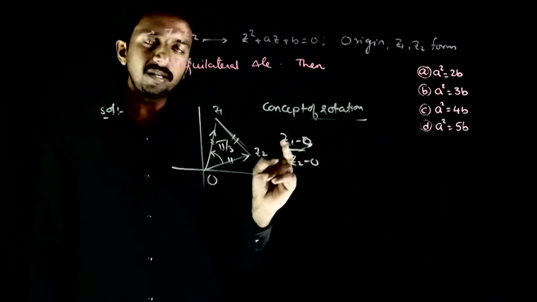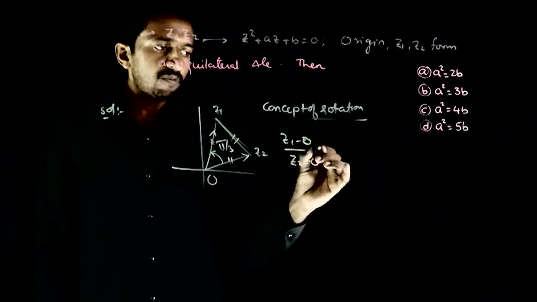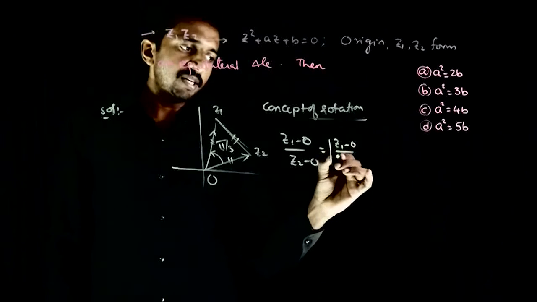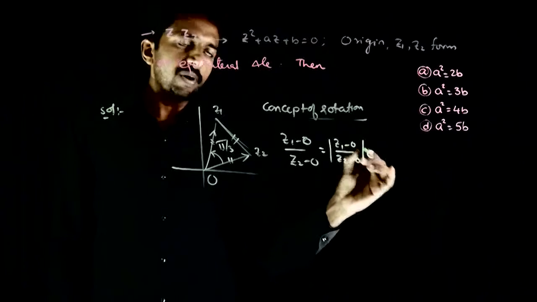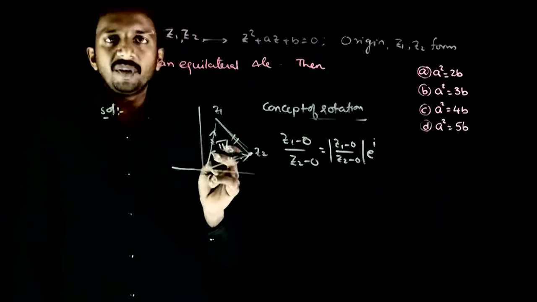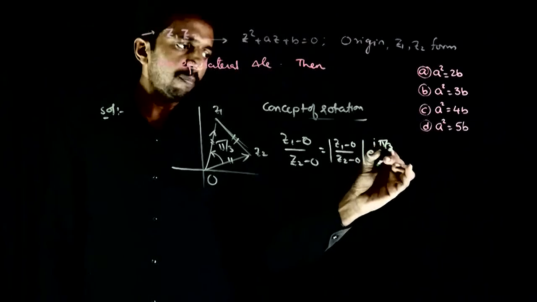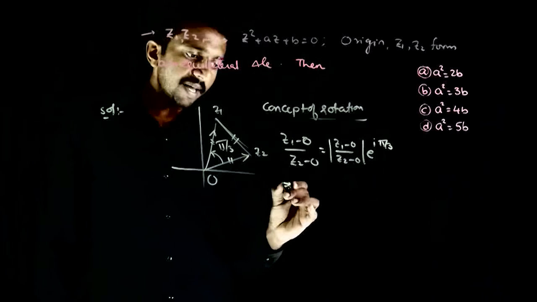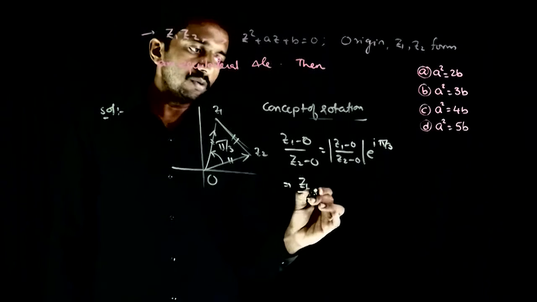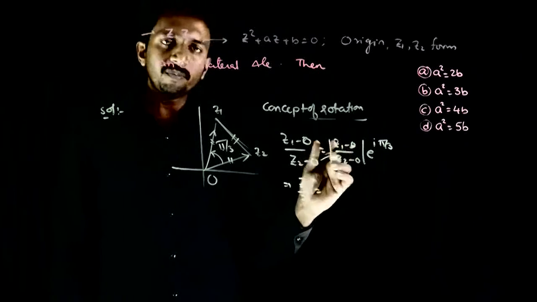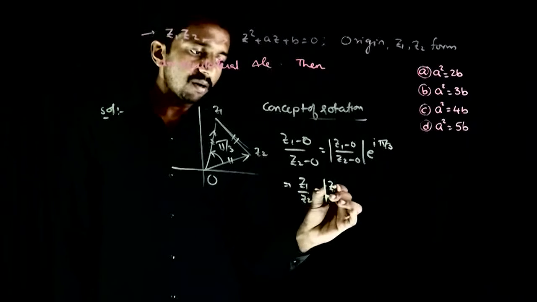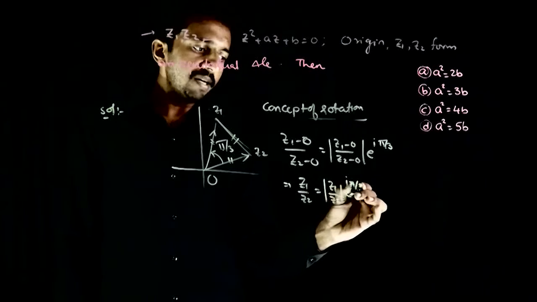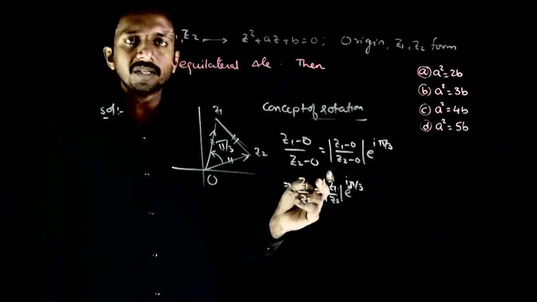So (z1 minus 0) by (z2 minus 0) will be equal to modulus of (z1 minus 0) by (z2 minus 0) into e power i times the angle between these two vectors, which is equal to π/3. So this is what the concept of rotation says. This implies z1 by z2 should be equal to mod z1 by mod z2 into e power i π/3.